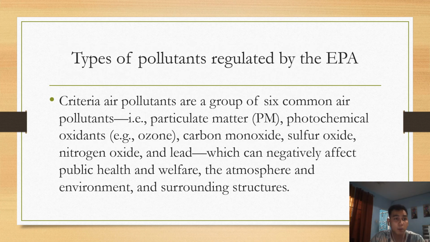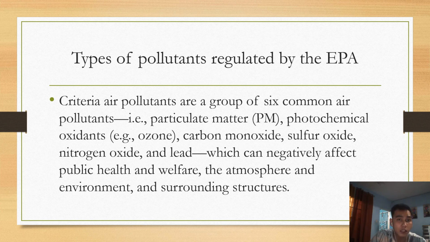The types of pollutants regulated by the EPA are divided into three groups, which include criteria air pollutants, air toxics, and greenhouse gases. First, criteria air pollutants are a group of 6 common air pollutants.